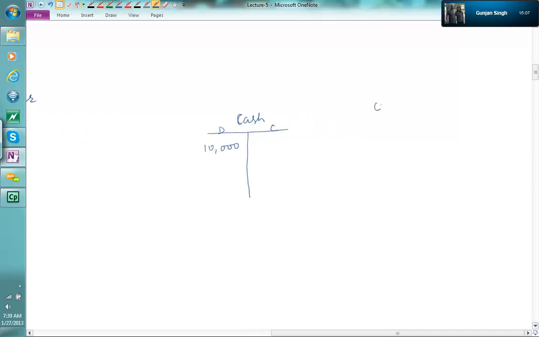Similarly, suppose you have an owner's equity account. Say you are the owner of the business and you are putting additional money into the business. This is debit and this is credit. Once again you are adding $10,000 to the business. What will happen to the owner's account?